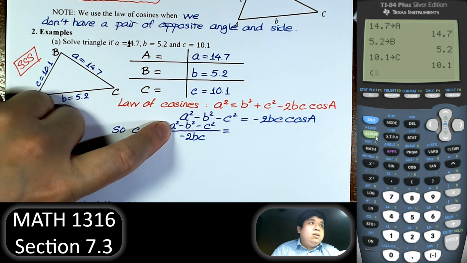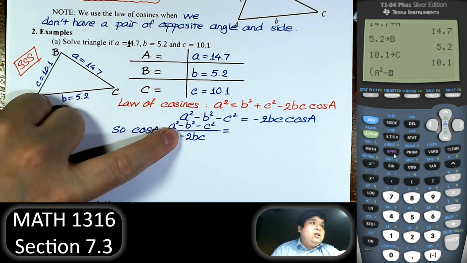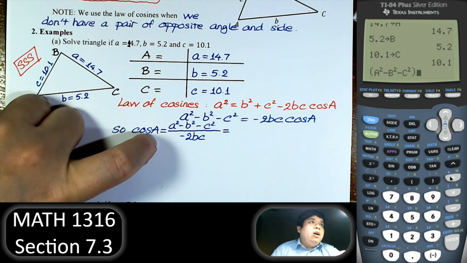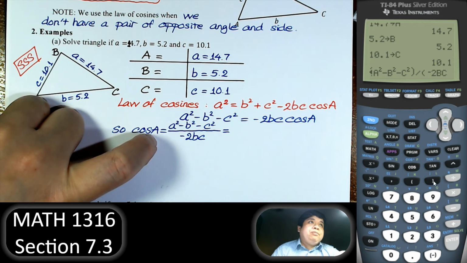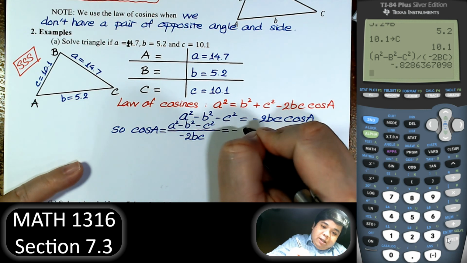On the top, a squared minus b squared minus c squared, divided by negative 2bc. Notice use this negative sign, don't use subtract. That gives us negative 0.8 to a 6 something.